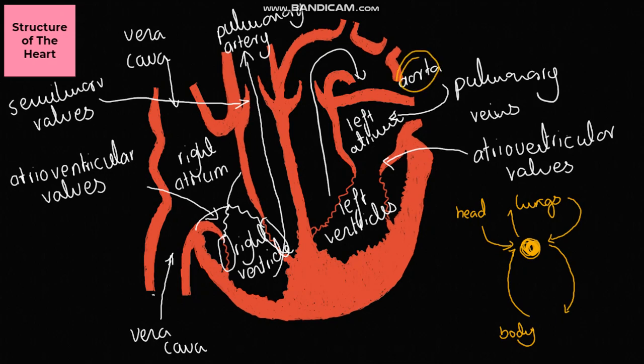The aorta then gradually divides itself into smaller capillaries, which allows oxygen to diffuse through the capillaries into other veins, which allows the cells in need of oxygen to get oxygen. So this cycle keeps on repeating.